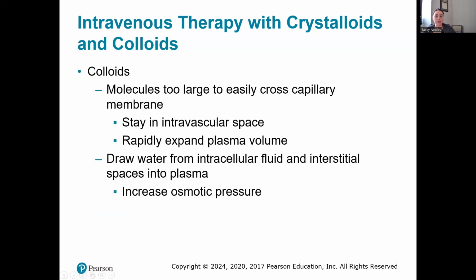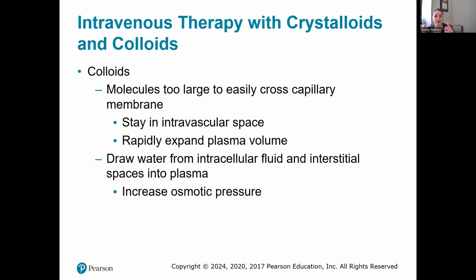And then colloids are solutions where the molecules or the solutes inside the solution are too large to pass the capillary membrane. So we call these volume expanders because they are going to stay in the plasma and in the blood vessel, okay? So they stay in the intravascular space and they rapidly expand your plasma volume. So they increase your blood volume, okay? They draw water from the intracellular fluid and interstitial spaces into the plasma.